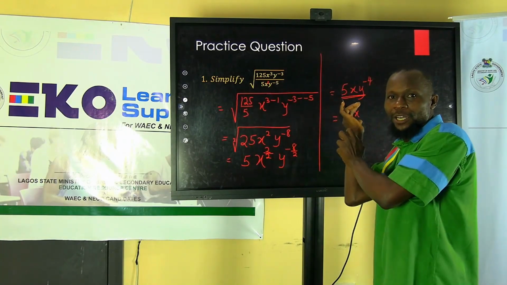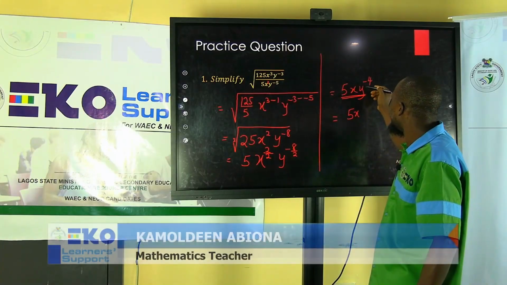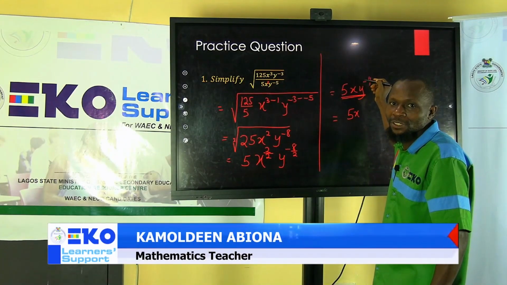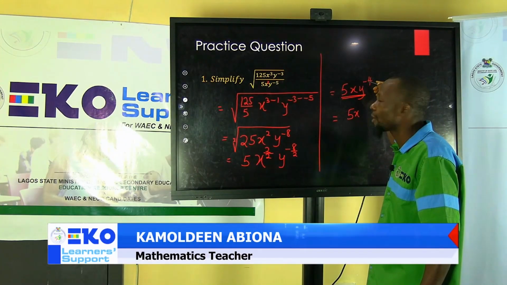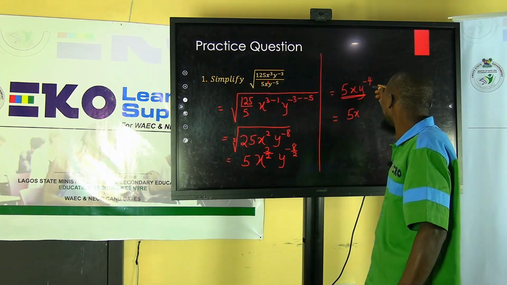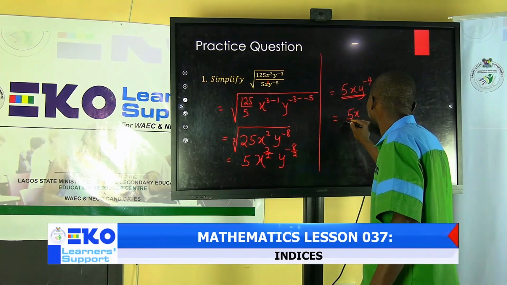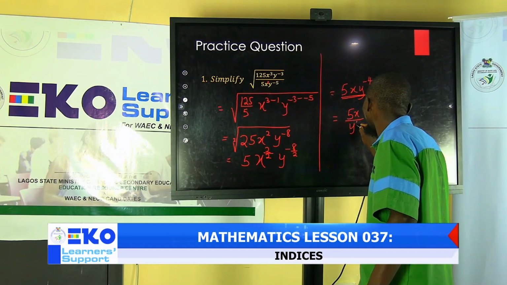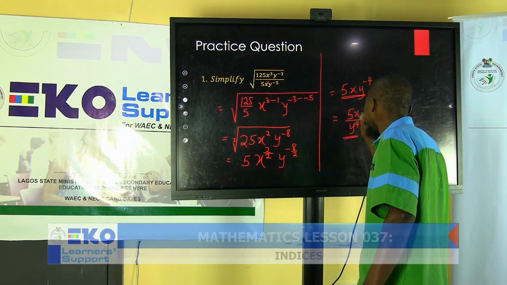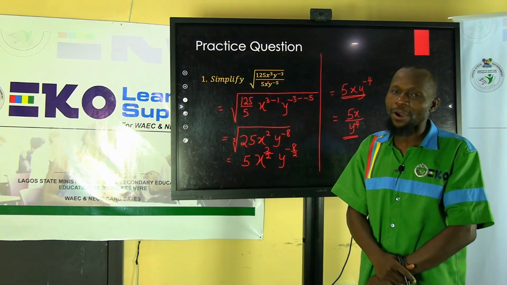You turn it upside down. Whatever has the negative power, and here it is only y that has negative power of 4, you can rewrite it as y raised to power 4. So either way, we can leave our answer.